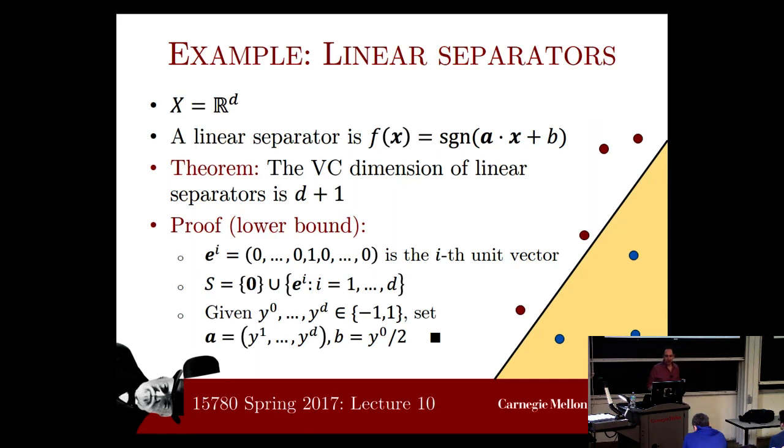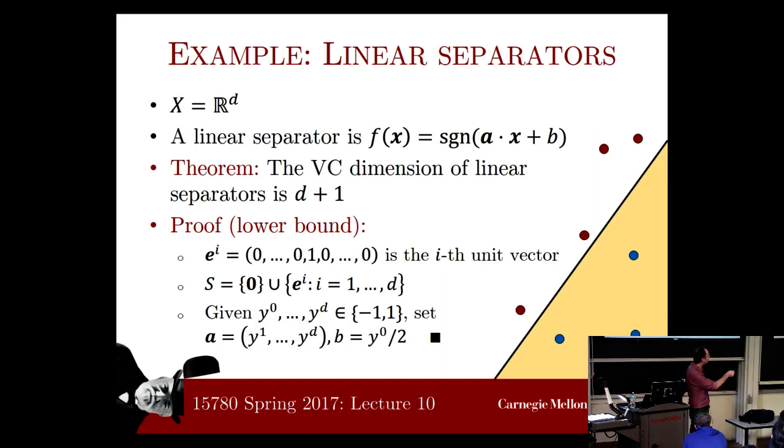We define a linear separator, like Zico did last time, as a function that takes as input a vector x of dimension d in R^d. It's defined by a vector of parameters a, also of length d, and by some real number b.